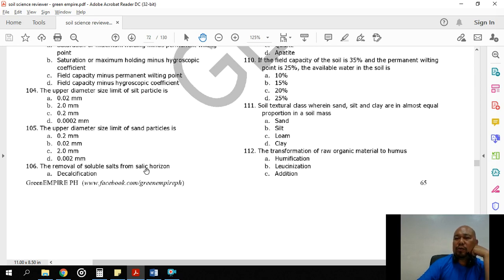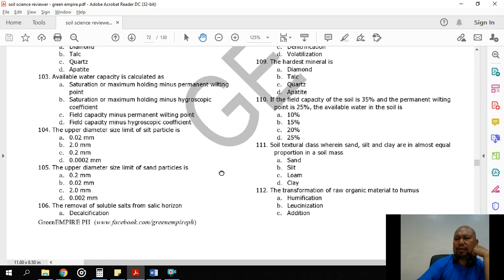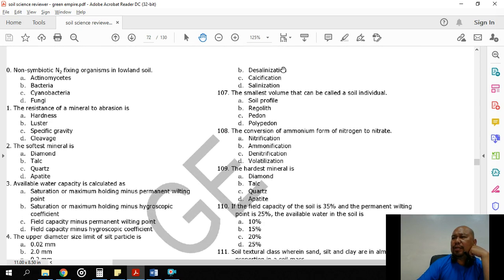Removal of soluble salts from salic horizon. Decalcification. To be honest, I don't know the answer to that. Let's see. Desalination, calcification, salinization. Desalination is different. That's a way to get rid of salt from water, like seawater, which we desalinate to make fresh water. So probably it's not that.